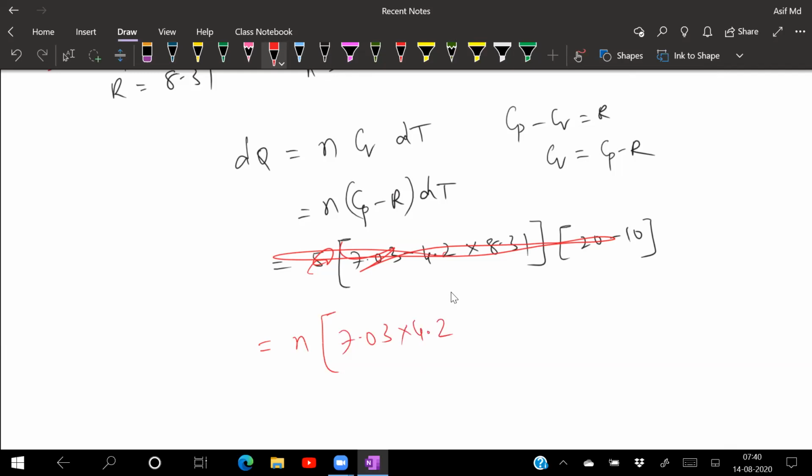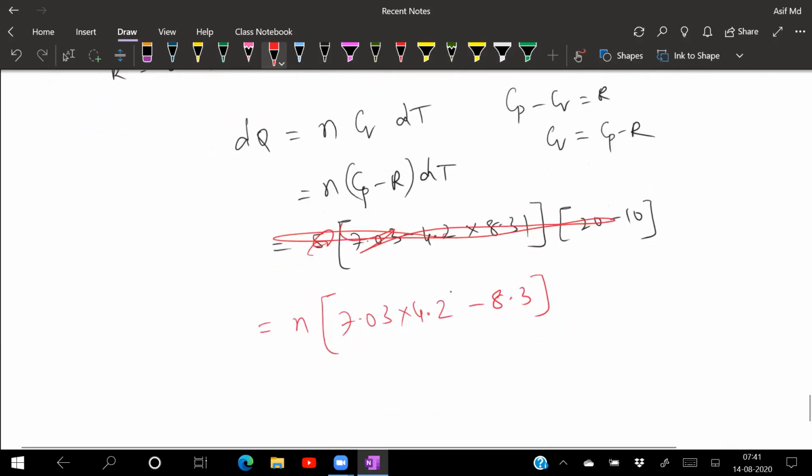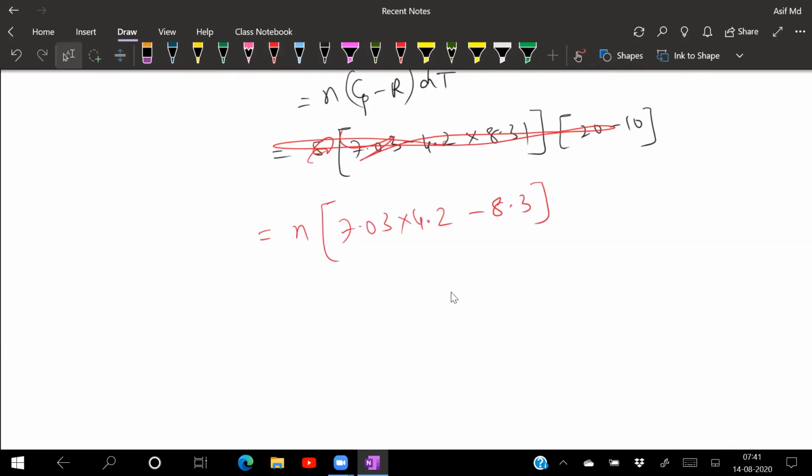It is given in calories, so I'm converting that one into joules. So 1 calorie is equal to 4.2 joules. Means you're converting the Cp into joules. Yes, so this one is into the temperature difference.